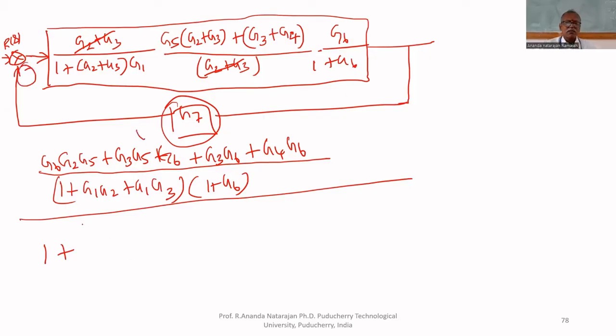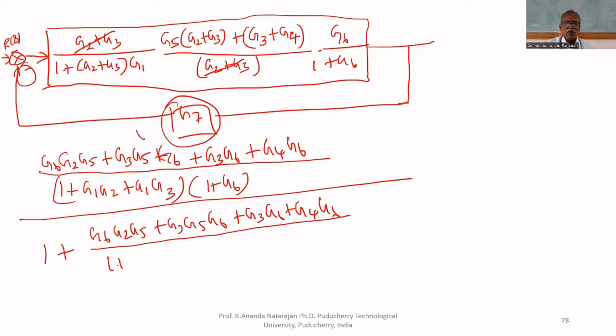That's why 1 plus, we have to write as such, G6, G2, G5 plus G3, G5, G6 plus G3, G6 plus G4, G6 upon 1 plus G1, G2 plus G1, G3 multiplied by 1 plus G6 multiplied by what is in the feedback, G7. Now, if we take LCM, these two will get cancelled and the 1 plus 1 becomes this denominator part. So we can write one more step.